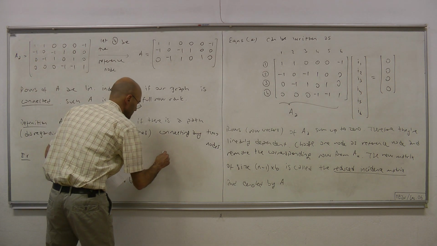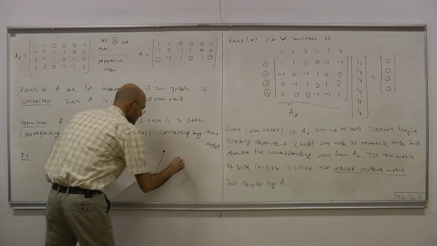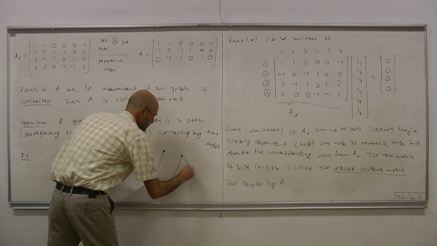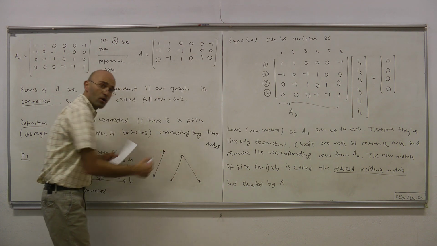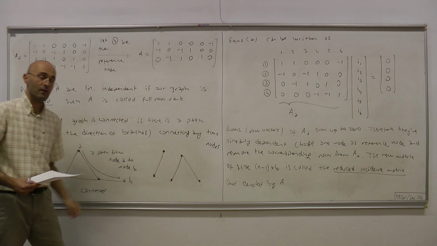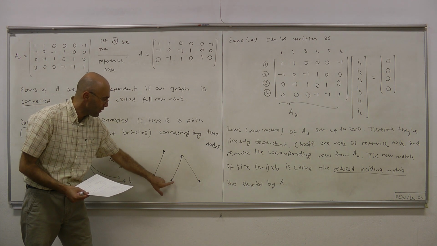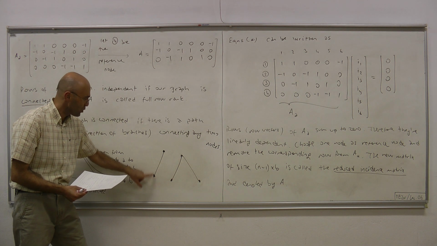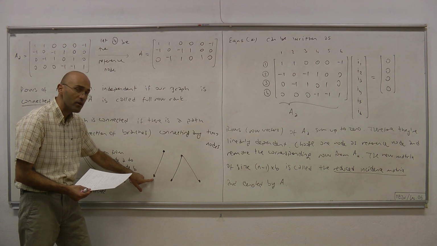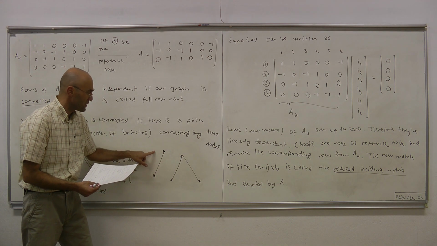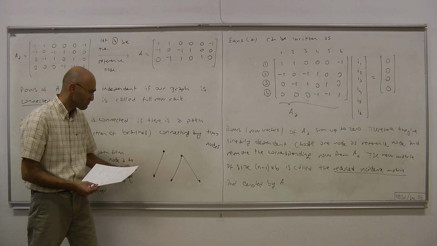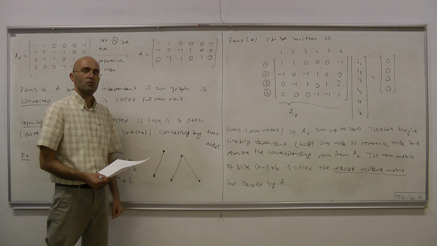However, this thing, considered together as a single graph, is not connected because, well, from this node to that node there is a path. From this node to that node there is a path. But from this node to that node there does not exist a path. Okay, because that graph has two separate components.